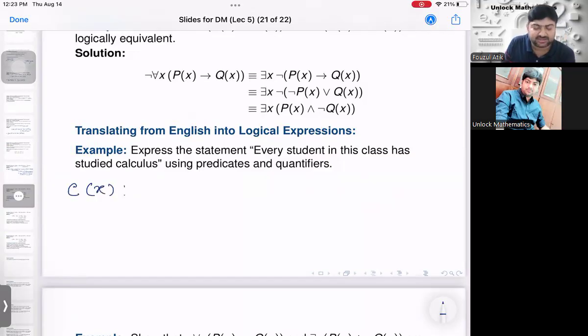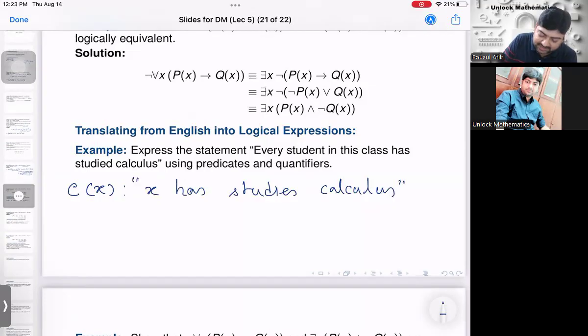Suppose Cx is the statement that x has studied calculus. Then how do you write: every student in this class has studied calculus?